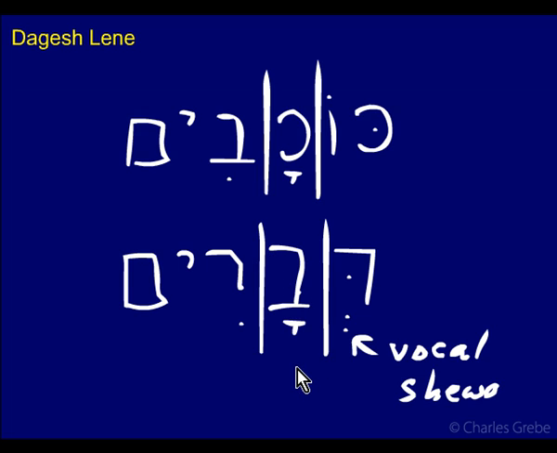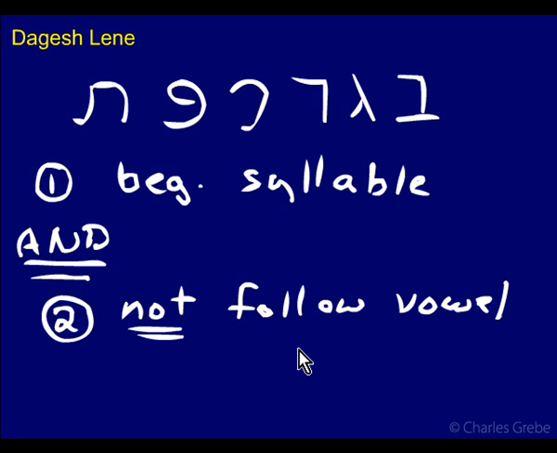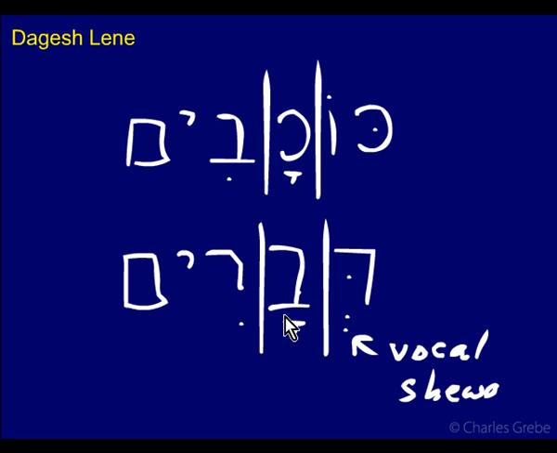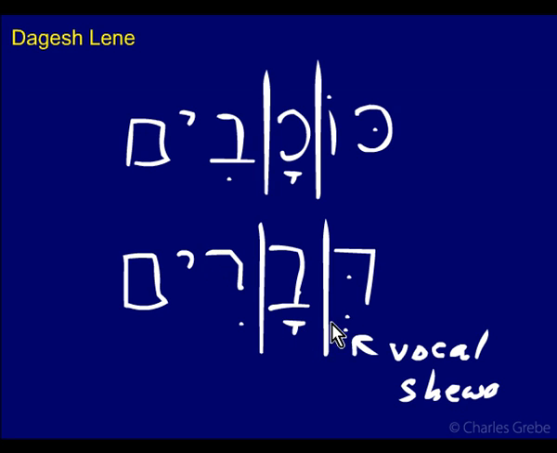Now when you look at this word, you have to be a little careful because you look at this word and there's no Dagesh here. You look at this word, which one? Didn't I have one here? Devarim. Yes, here. This one, same thing. You've got a bet following a shva. There is a Dagesh. Here you have a bet following a shva. There is no Dagesh. Why is that? It's because this is a silent shva and this is a vocal shva.